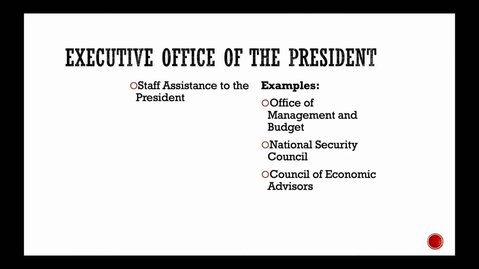So let's use the National Security Council as an example. So there are people that the president nominates to be part of the National Security Council. So it's a group of people who are meant to advise the president on national security issues. And then the National Security Council also has a staff, a group of people who help those council members do their job.